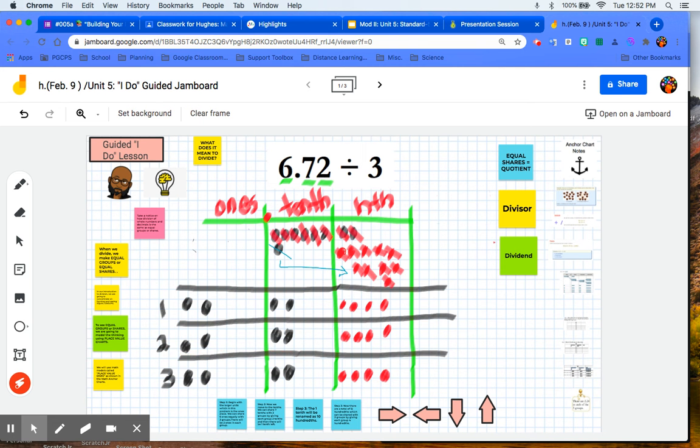So, Mr. Hughes, what's the quotient? What are the equal shares? Each group has 2 ones and 2 tenths, and how many hundredths? 1, 2, 3, 4. 4 hundredths.